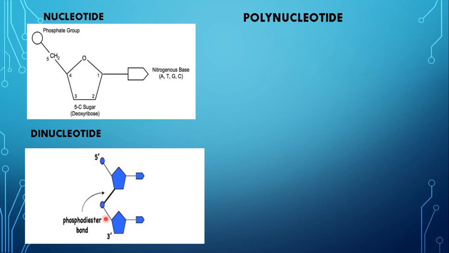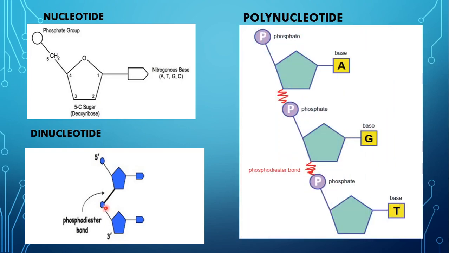Then polynucleotides. This way, they go on forming one after another: first nucleotide, second nucleotide, third nucleotide getting attached. In the first nucleotide the phosphate lies here, in the second nucleotide the phosphate lies here. The phosphate of the second nucleotide gets bonded with the third carbon of the first nucleotide.